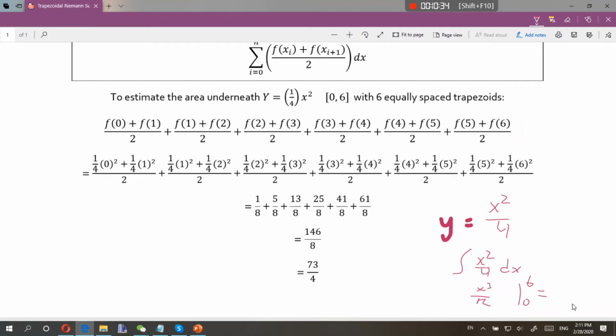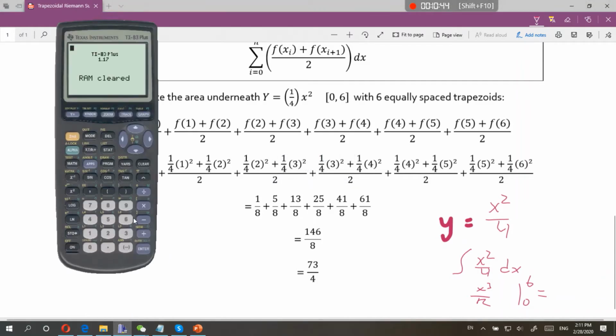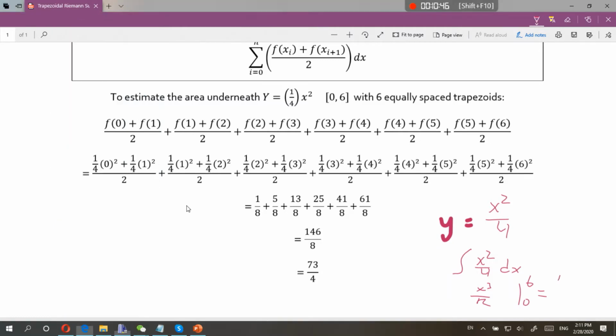I would get 6 cubed over 12, I believe 6 cubed is 128. Oh well. 6 cubed over 6 times 2 minus 0 over 12. Okay, one 6 will cancel, so this is 36 over 2, or 18. Is my exact area underneath the curve.